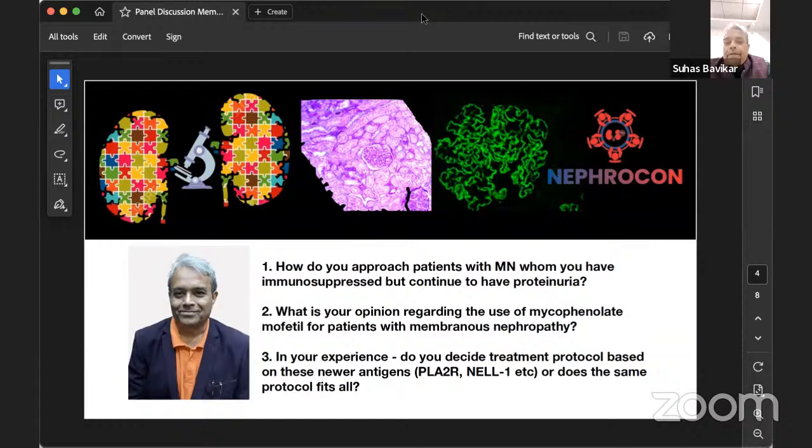So these 2 alkylating or cytotoxic drugs in Ponticelli were replaced by mycophenolate. And to our surprise, many cases do respond as they do respond to chlorambucil. So mycophenolate is a good replacement. And also TAC or cyclosporine replacement with steroids was practiced in some of the cases where Ponticelli failed.